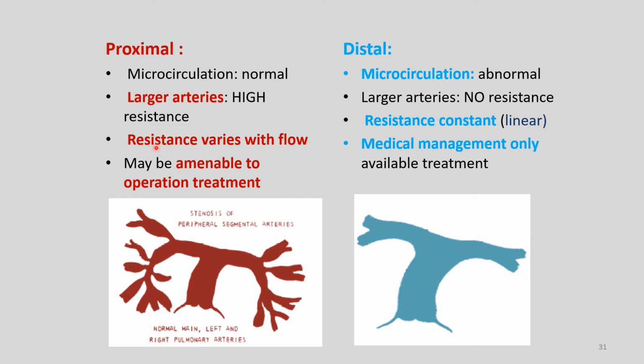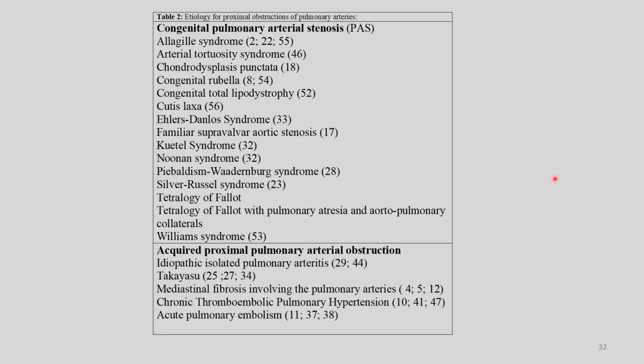In diastole, you have less flow and less resistance, which contrasts with the physiology here. And also, by being proximal, it is within reach of the surgeon to try to relieve the obstruction.